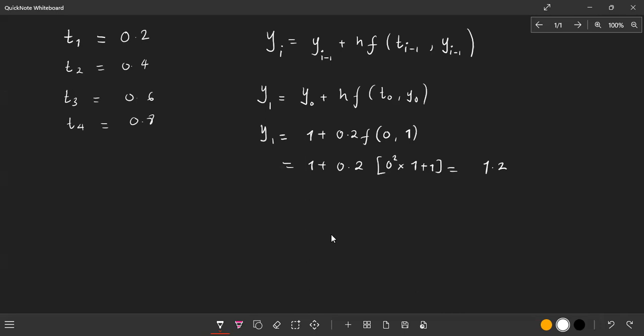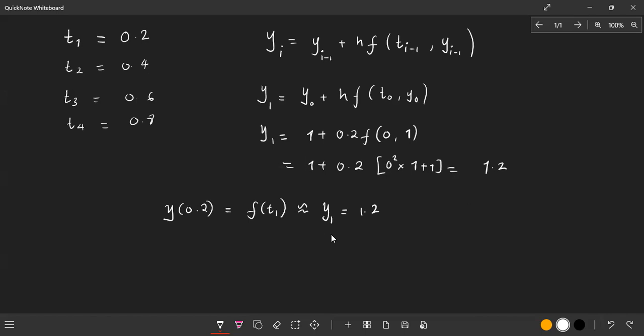Therefore we can write that y at 0.2 is approximately equal to the y1 we found, which is 1.2. So that's the first approximation.